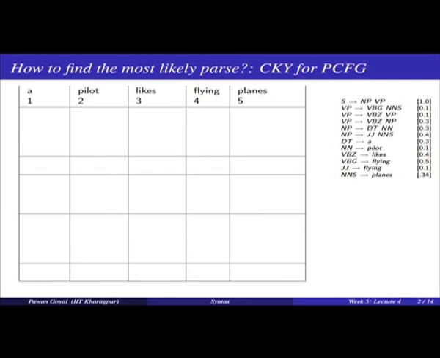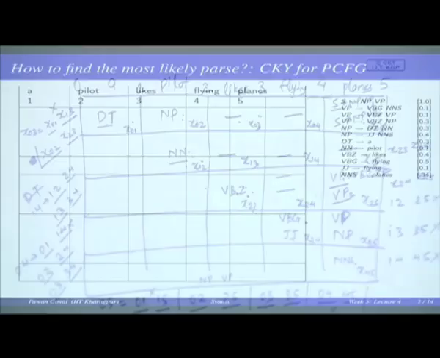We proceed nearly in the same manner as we did in the case of CKY. I will just take the same example of how we solved CKY, and show what you need to do differently here. This is what we had seen last time.